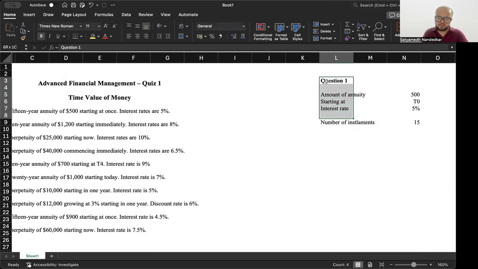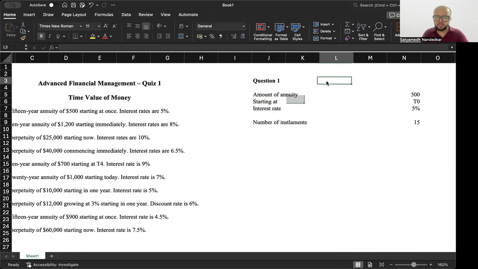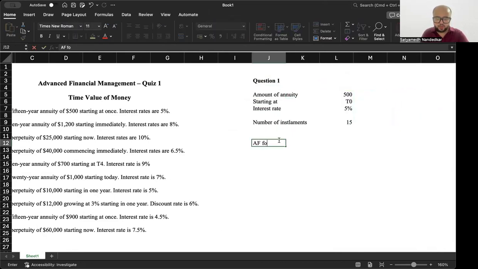Now the question is, how exactly should we calculate the present value of this annuity? Now the annuity factor for an annuity which starts at T0, okay? Annuity factor for an annuity of n years which starts at T0. How much is that?